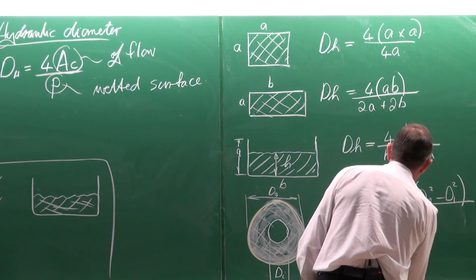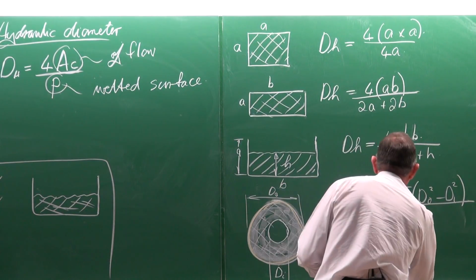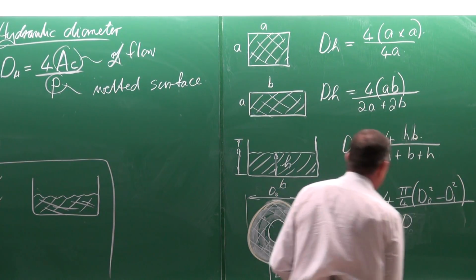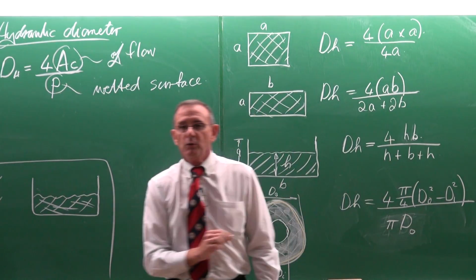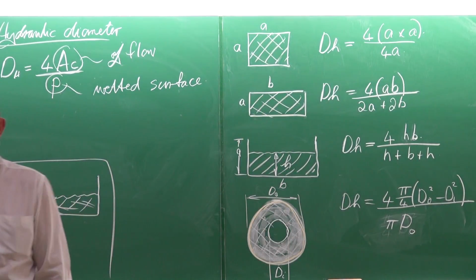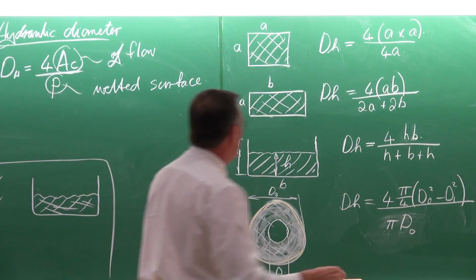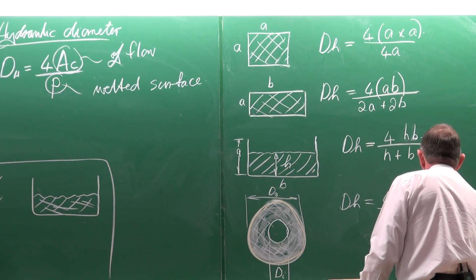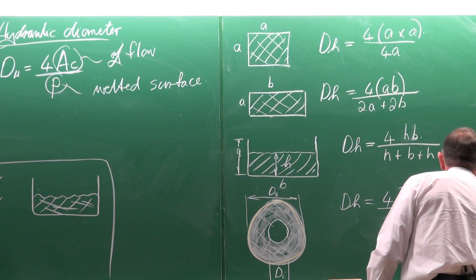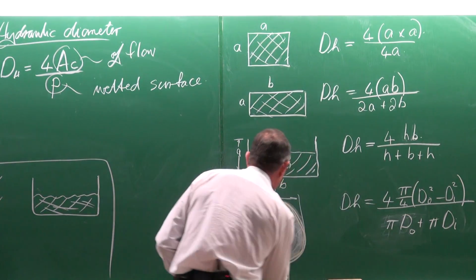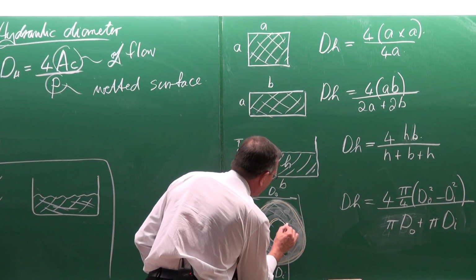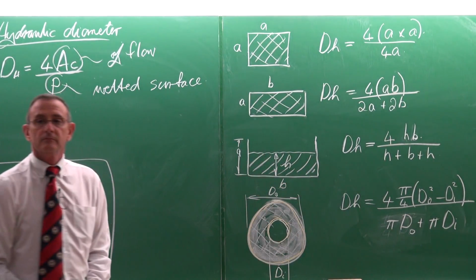Good, you're awake. Pi multiplied by the outside diameter, plus pi multiplied by the inner one. That area there is also wetted.